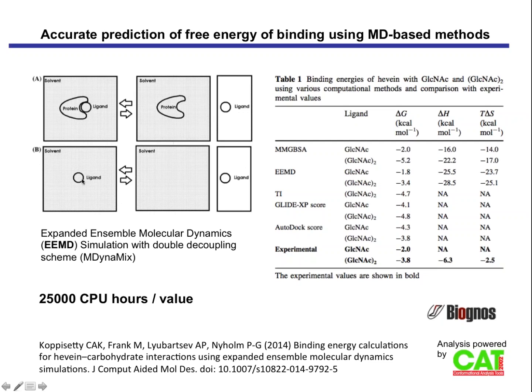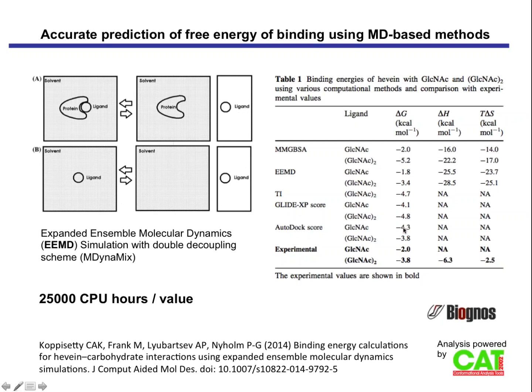So what you sample essentially is a cycle. That's why it's called double decoupling. You decouple the ligand from the protein complex, and you couple the ligand into the solvent, and from that you can very accurately predict the binding affinities of carbohydrates to about 0.5 kilocalories per mole, much more reliable than docking software.